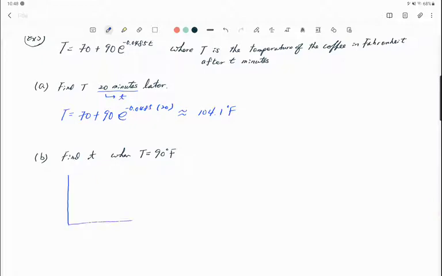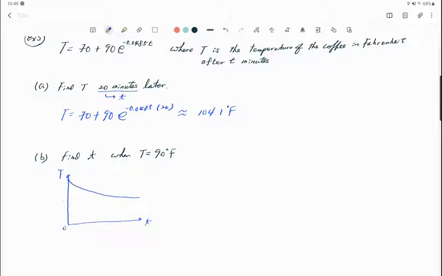So if you use a graphing calculator, then this is the time t, and this is the temperature T. As you see, the graph is decreasing from when x equals 0, from this point, and it's decreasing like this.